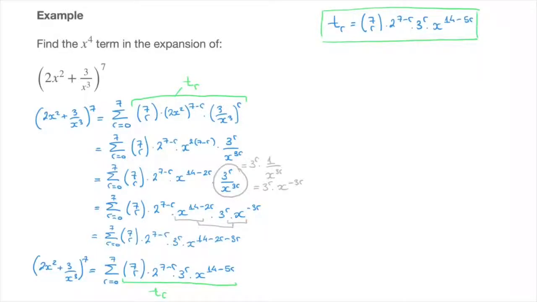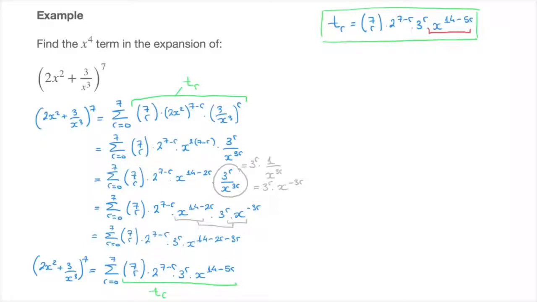And now that that's done, we're in a very good position to locate or pinpoint the x to the power of 4 term. Indeed, the x to the power of 4 term will occur when this general term is an x to the power of 4 term. In other words, when x to the power of 14 minus 5r equals x to the power of 4.